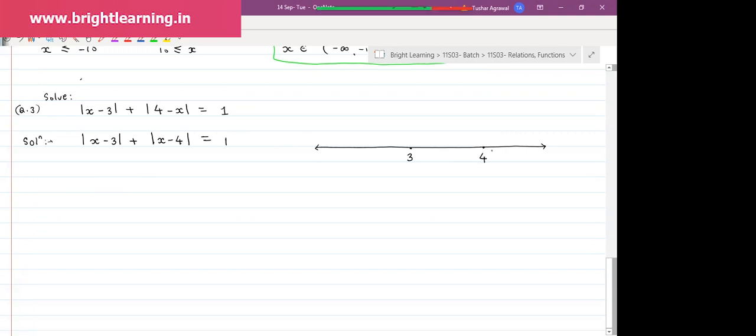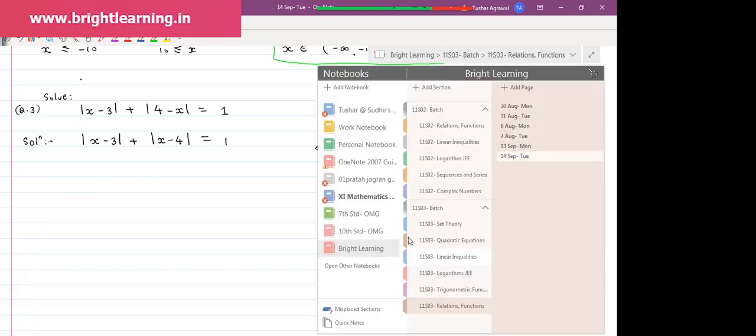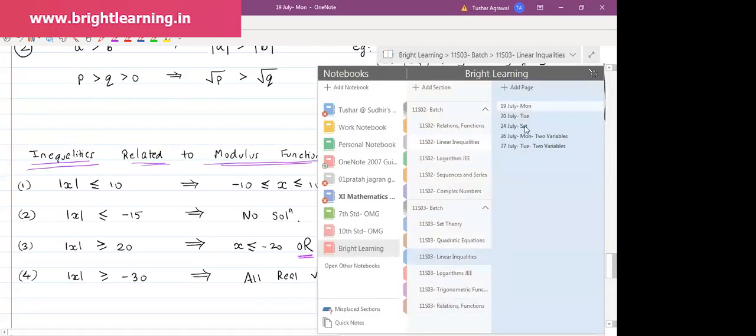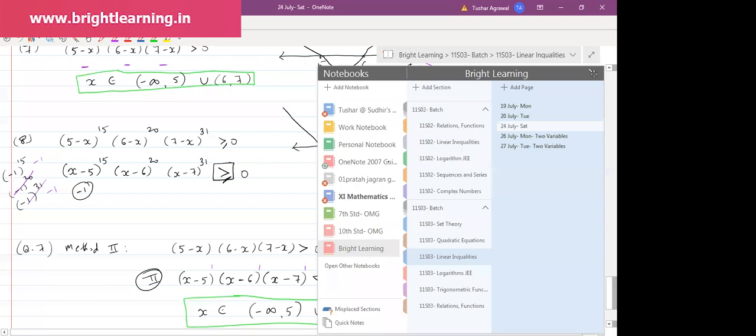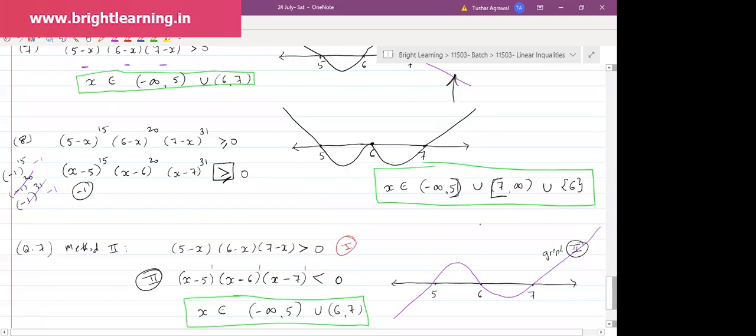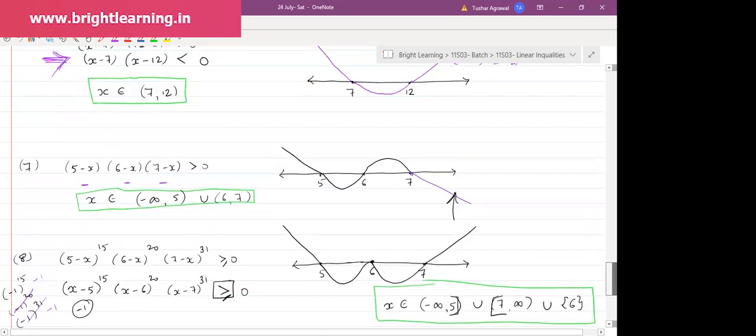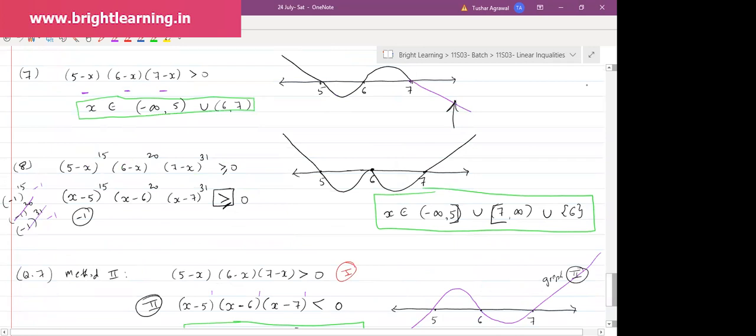They are where the function changes its definition. This word we have already heard in solving linear inequalities, where we used to change the signs of the function. The behavior of the function changes. Do you recall that we have done this in the linear inequalities chapter?